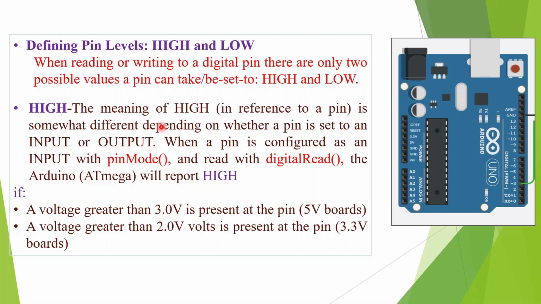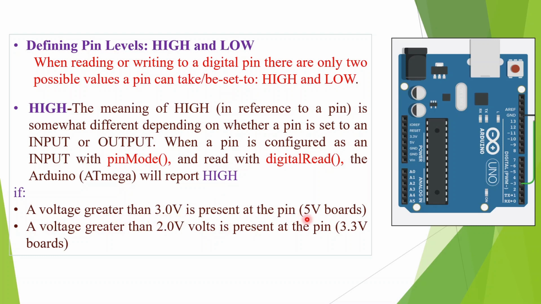So what is the meaning of HIGH and what is the meaning of LOW? The meaning of HIGH is somewhat different depending on whether the pin is set as an input or output. First, when a pin is configured as an input using the pinMode function and read with digitalRead, it will be reported as HIGH when the voltage is greater than 3 volts.